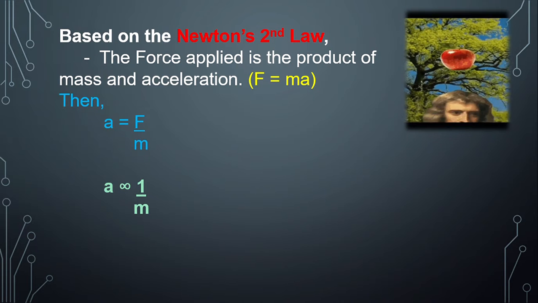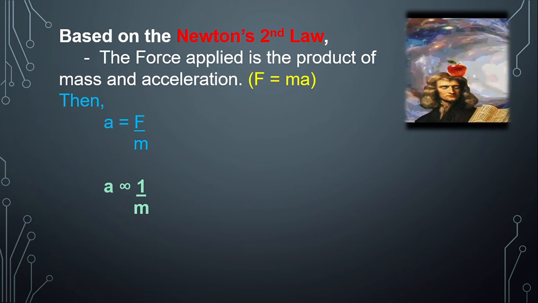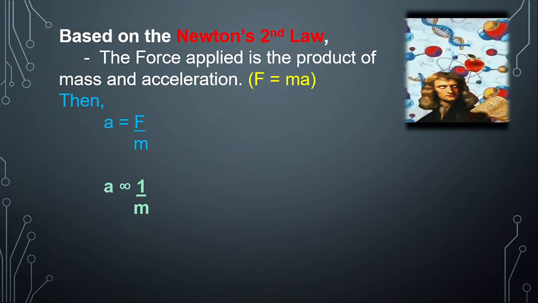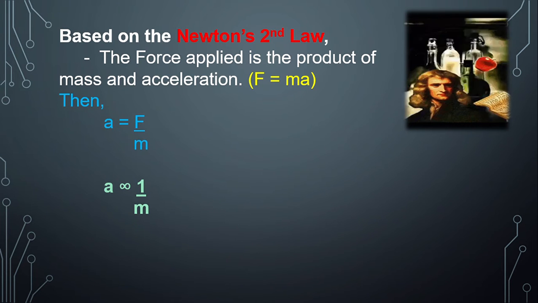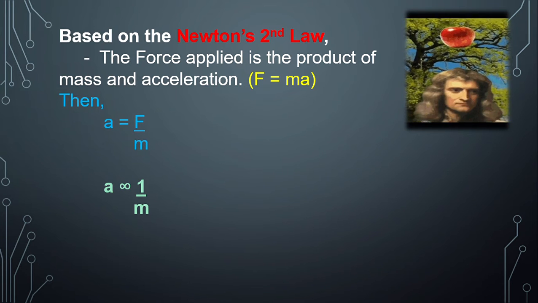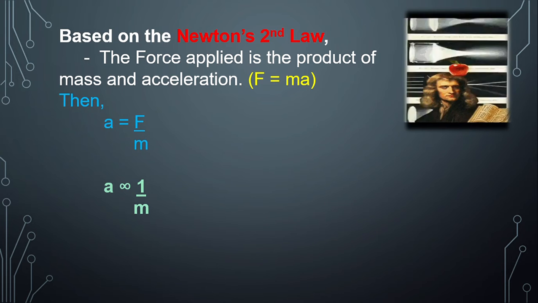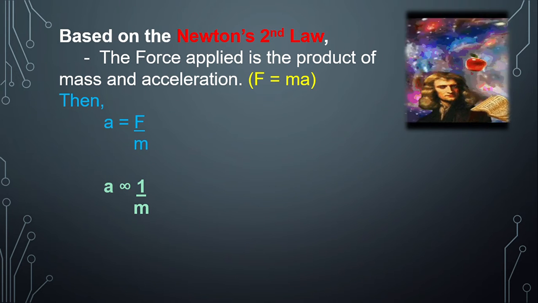Based on Newton's second law, we know that the force applied is the product of mass and acceleration. So, the acceleration will equal force over mass. The acceleration is inversely proportional to the mass.